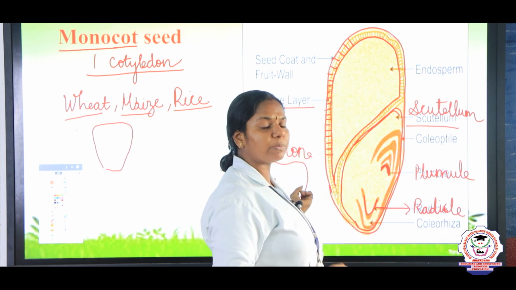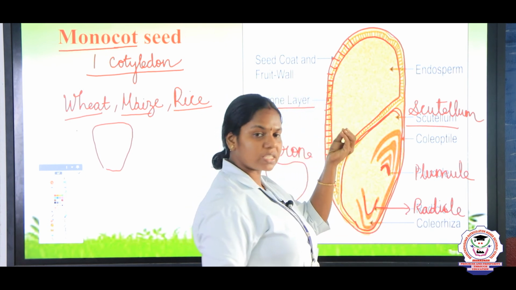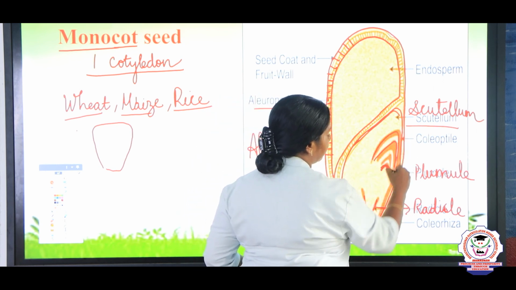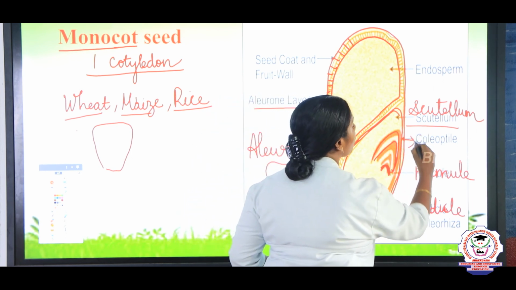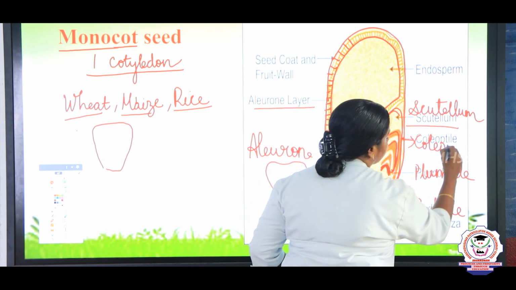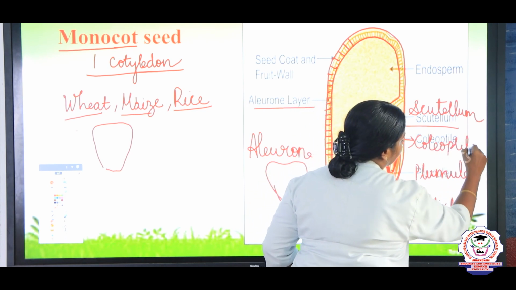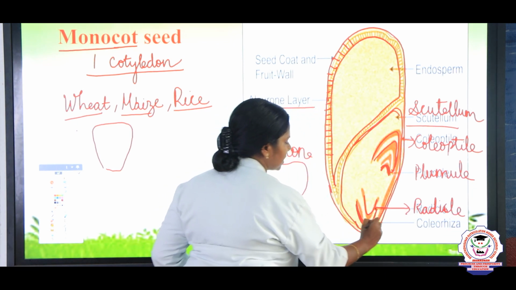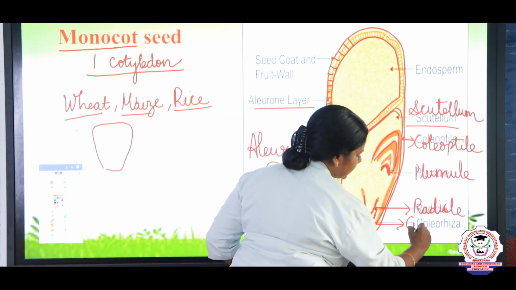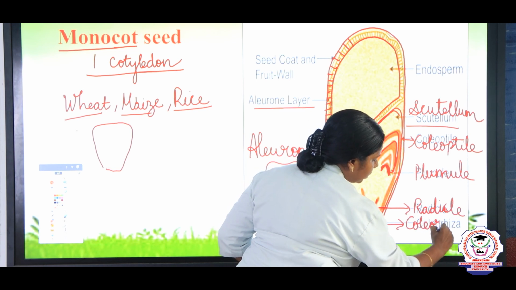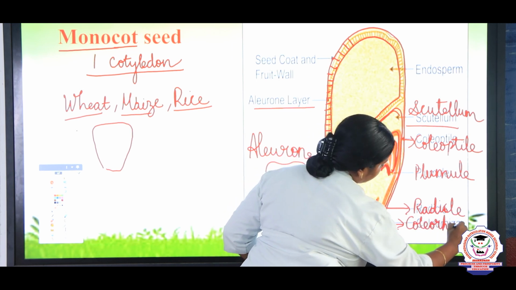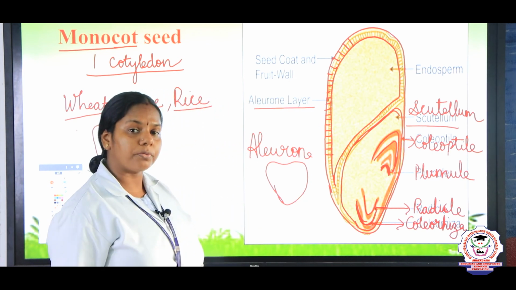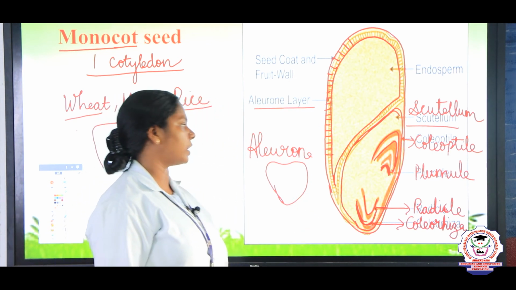On germination, the plumule develops into the shoot system, and it is protected by a double membrane layer called coleoptile. Likewise, the radicle is covered by a structure called coleorhiza. So they may ask 2 more questions, children. What is coleoptile? What is coleorhiza?